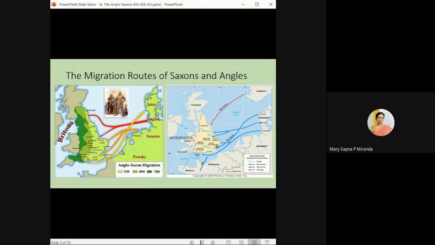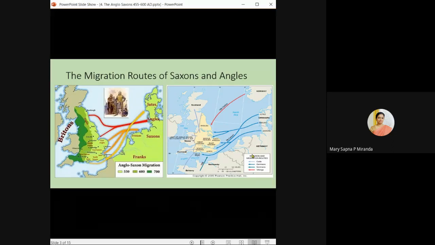You have these people coming in batches, groups, and bands. Later, it would be followed by the invasion by people from Norway. We will be calling them the northern men. We call them the Vikings. That would come after this. So we are talking about the 5th century migration of the Germanic tribes.